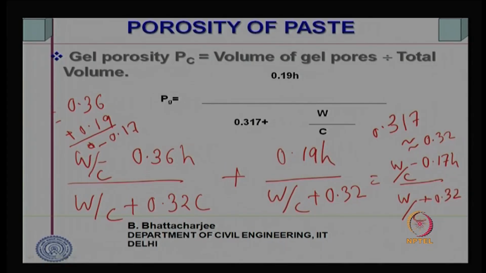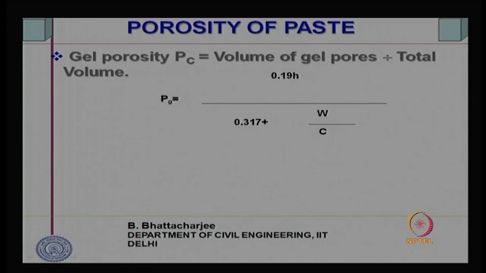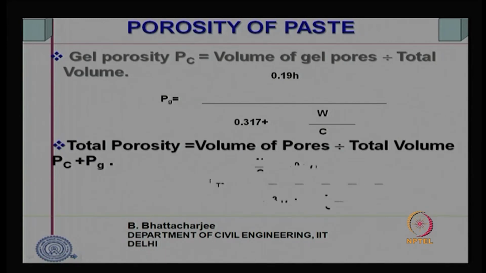So, this follows. Therefore, summing up these two gives me total porosity as W by C minus 0.17 H divided by this. This is how I can determine the total porosity of cement paste.